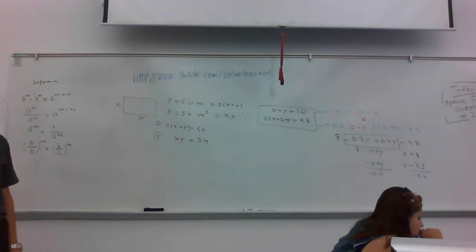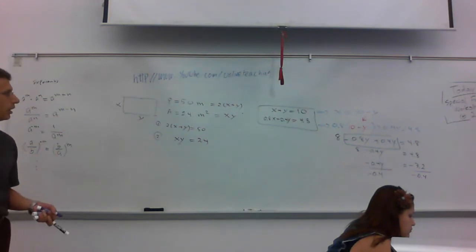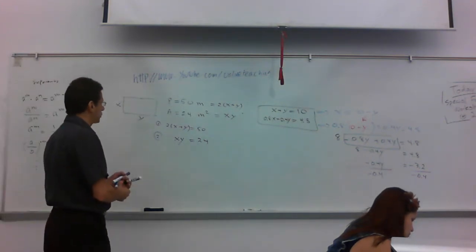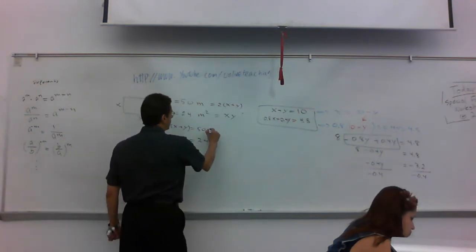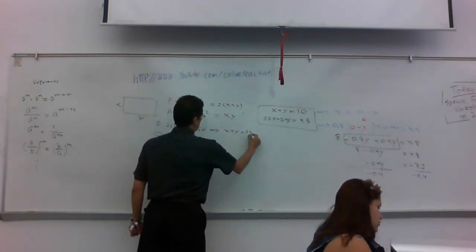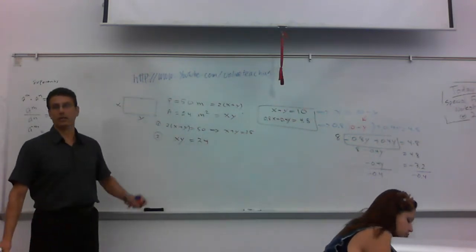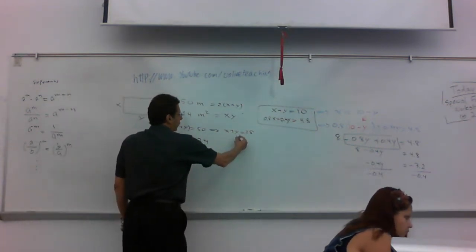To solve this also requires the techniques we've learned. Sometimes you use substitution, sometimes you use elimination, you name it, okay? So we are going to do the substitution. Let's do a couple of steps here. First, I'm going to drop the 2. That's okay with everybody? I divided both sides by 2. Then I'm going to solve for one of them. Let's say I'm going to solve for y.